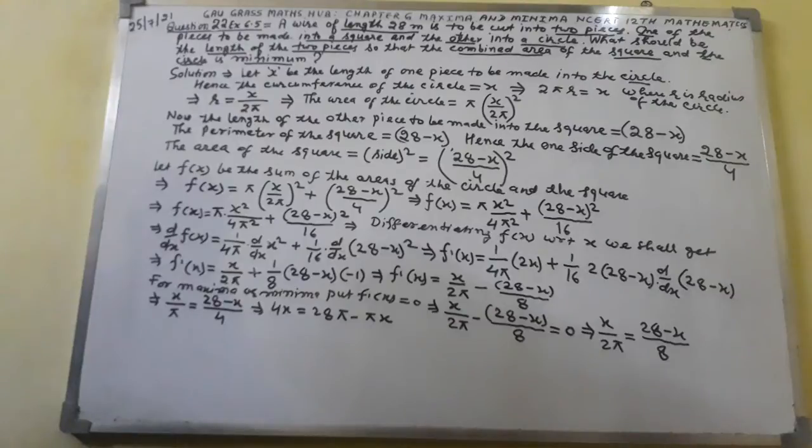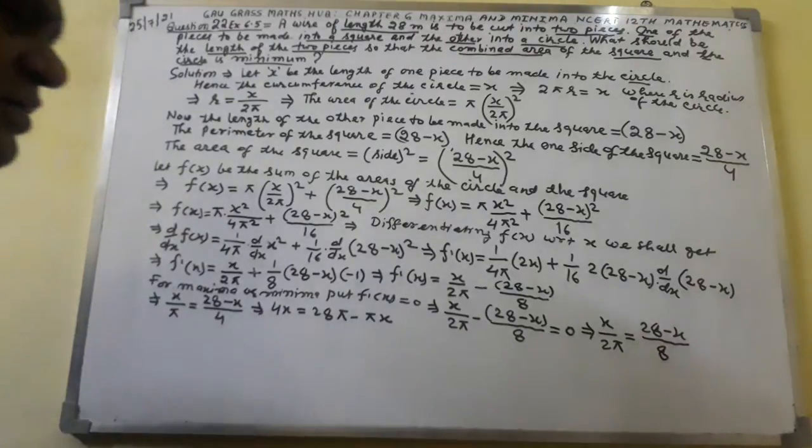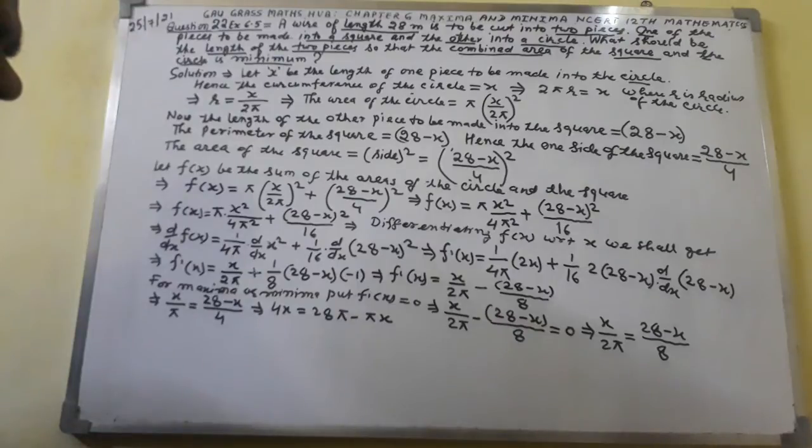Put x over 2 pi minus (28 minus x) over 8 equal to 0. Here this value we have got 4.